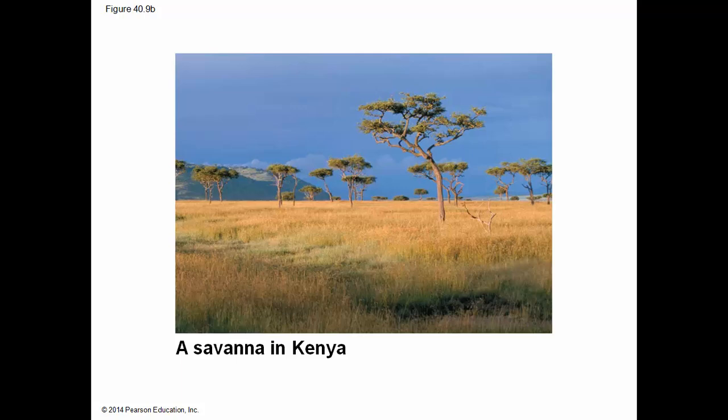Scattered trees are often thorny and have small leaves, an apparent adaptation to the relatively dry conditions. Fires are common in the dry season, and the dominant plant species are fire adapted and tolerant to seasonal drought. Grasses and small non-woody plants called forbs make up most of the ground cover.